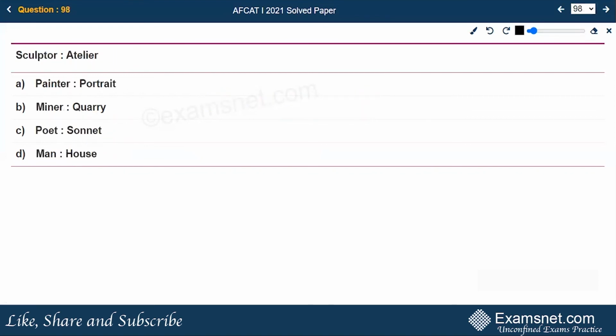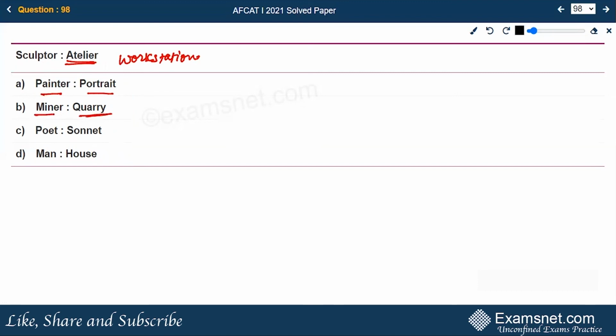Next, question number 98. Sculpture is related to atelier, and which of the following options will be true? Painter to portrait, miner to quarry, poet to sonnet, man to house. See, the workstation of a sculptor is known as atelier. Painter makes portrait.